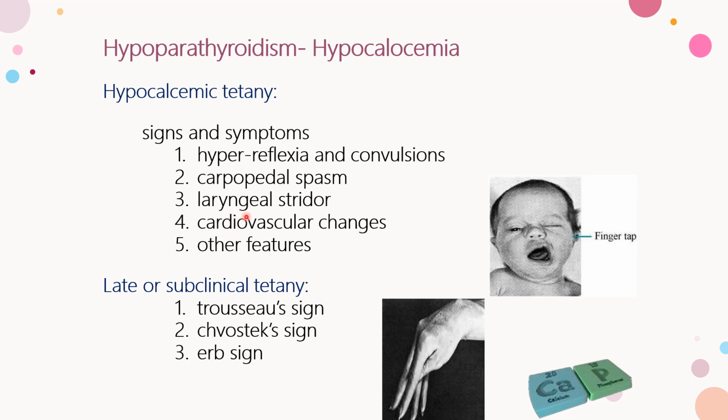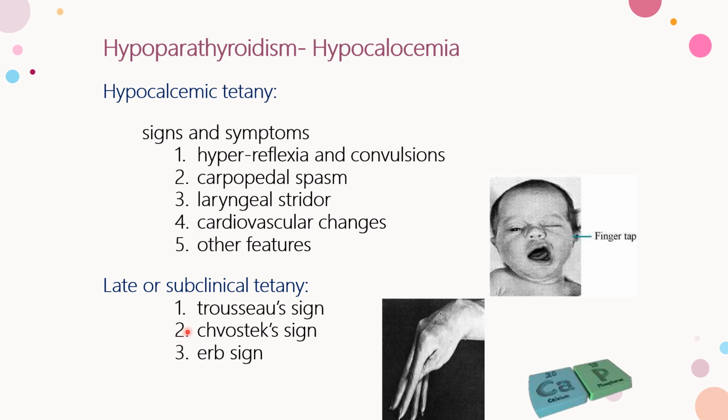Laryngeal spasm is again contraction of laryngeal muscles, and some cardiovascular changes like decreased heart rate and contractility of the heart muscles, and some other features are seen. And in late or subclinical tetany, we have Trousseau sign and Chvostek sign and Erb sign.